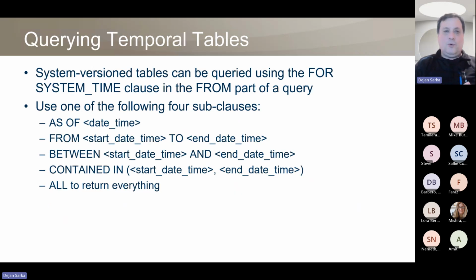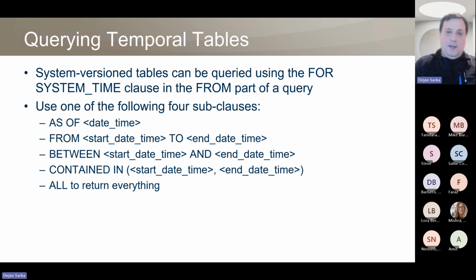Very simple to use, and for querying, we even get an additional FOR SYSTEM_TIME clause in the FROM part of a query. So it's pretty efficient, also simple to use, and could also be used to find the data directly in the source system at a specific time point.